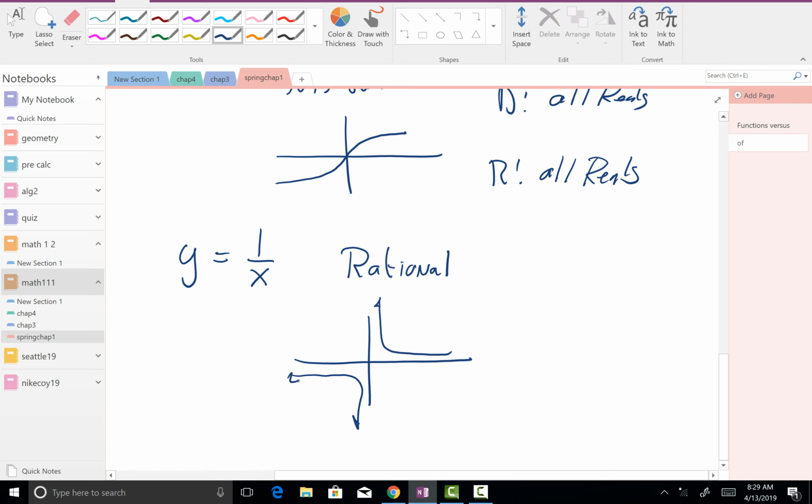Now the crazy thing is that they do a lot of rational stuff in this textbook in the beginning, but then rational functions are the last thing you do in the class. I don't know, they bring it up, but then they really don't talk about it till the end. Anyhow, this is a rational.